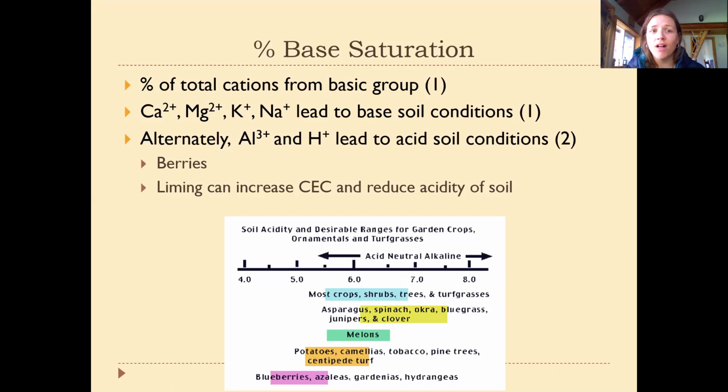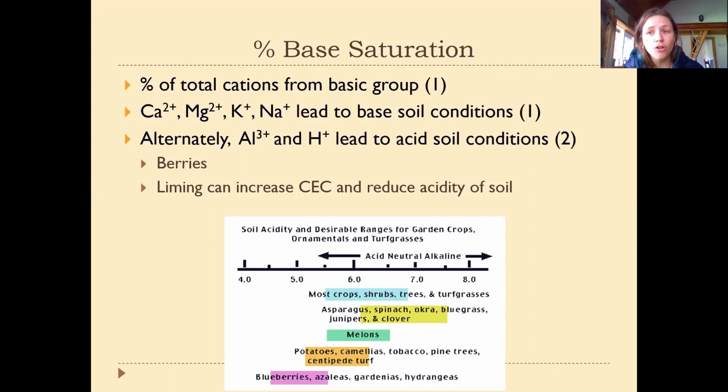So where we have lots of calcium, magnesium, potassium, and sodium occupying negatively charged space, we may have less hydrogen ions, okay? So we would have basic soil conditions or alkaline soil conditions as opposed to acidic soil conditions. On the other hand, if we have lots of hydrogen, then by definition, we have soil that's quite acid.